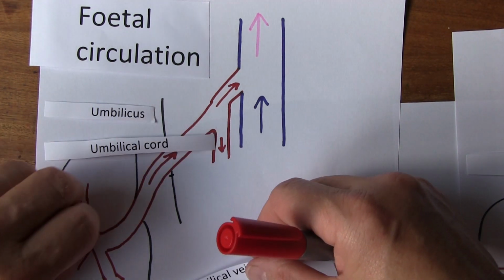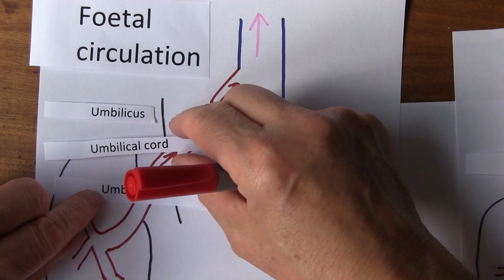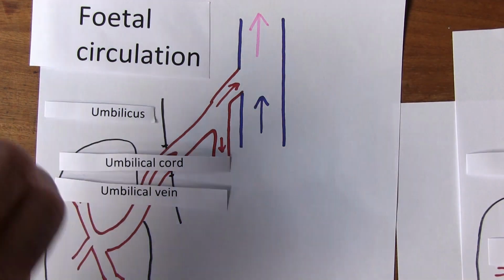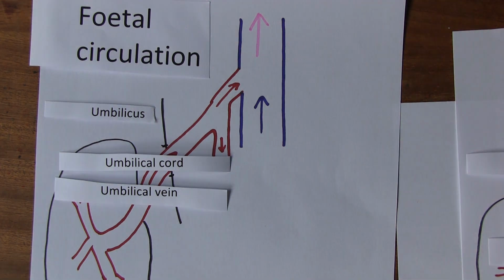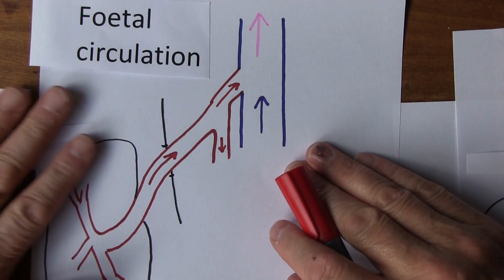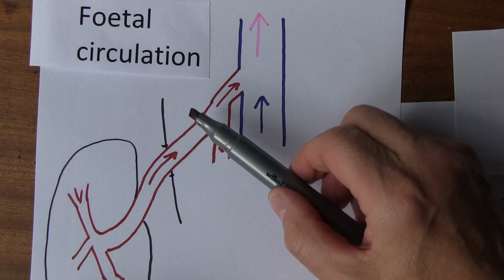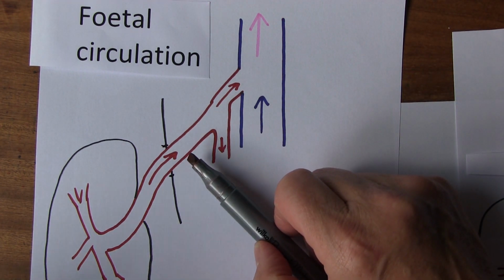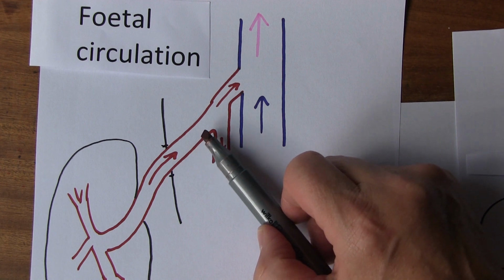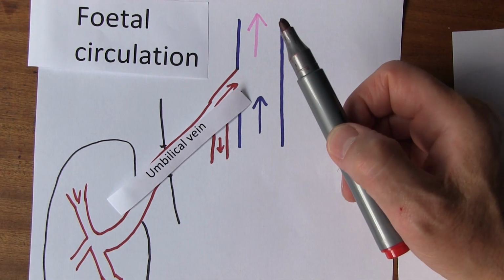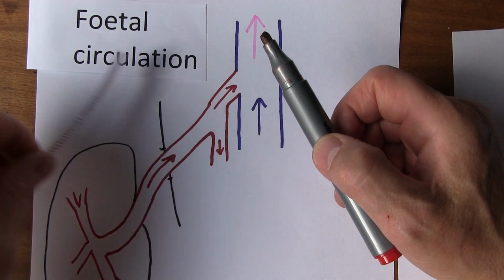So this structure in red here is the umbilical vein running through the umbilical cord. So this oxygenated blood is coming back from the placenta and it's going in the umbilical vein. Now this is still the umbilical vein here. Once it's inside the fetus, that's still the umbilical vein.